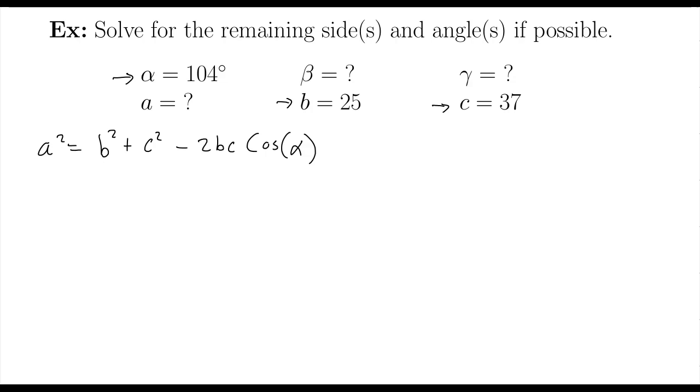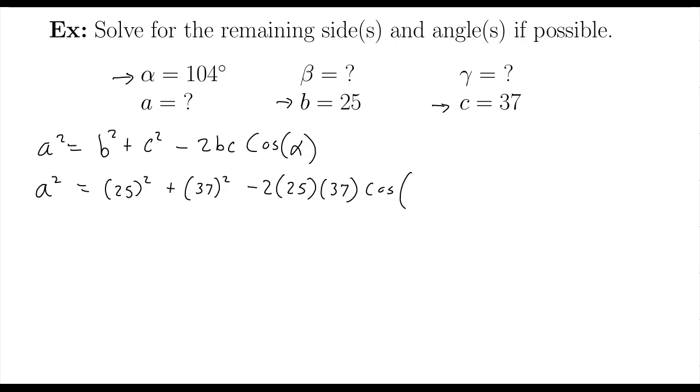Okay, so let's actually try to find something here. Let's find A. A squared equals B squared plus C squared minus 2BC cosine alpha. B is 25, C is 37, and alpha is 104 degrees.